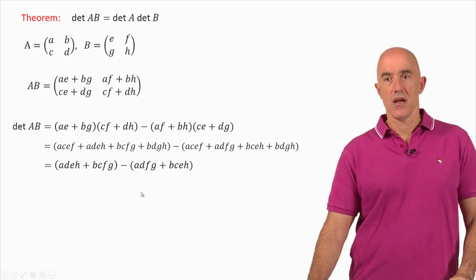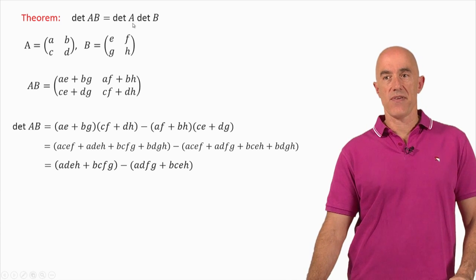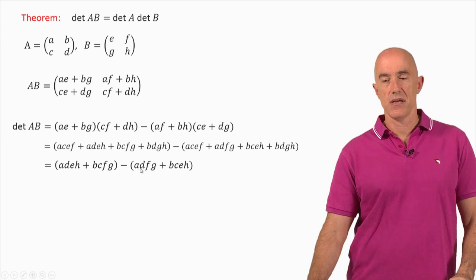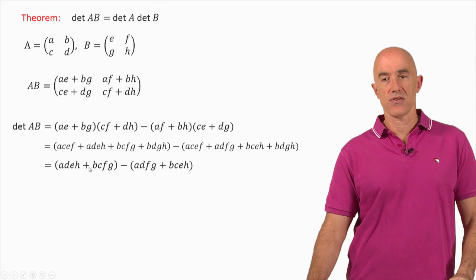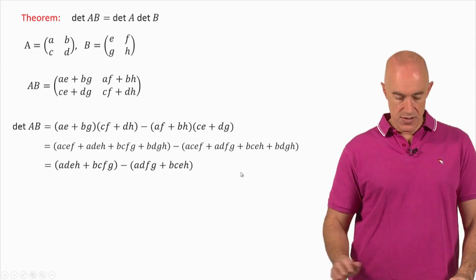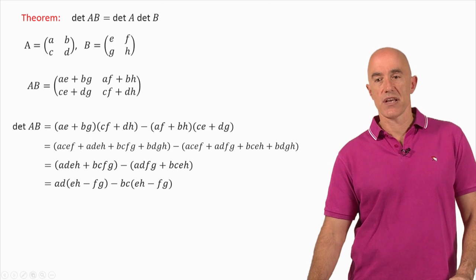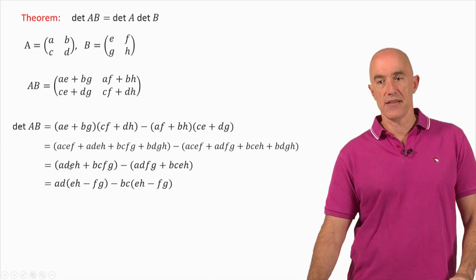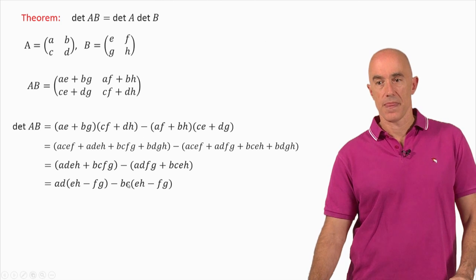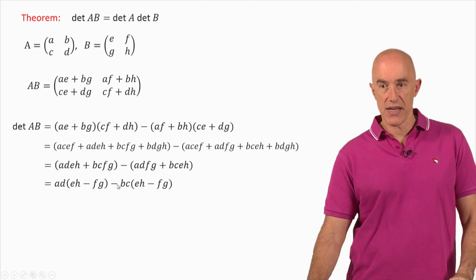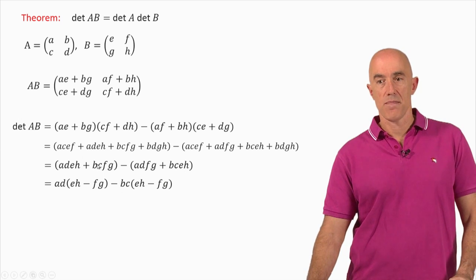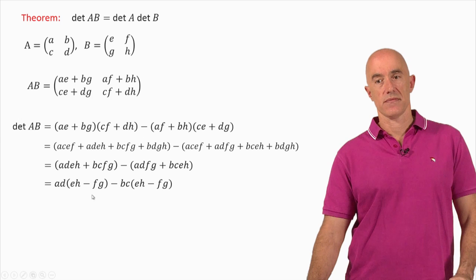We're trying to find the determinant of A times the determinant of B, so we can do some nice factoring here. We can factor out an AD, so AD, then we get EH minus FG, and we can factor out a BC, so then, if we put a minus sign here, we get from this BC times EH minus FG.